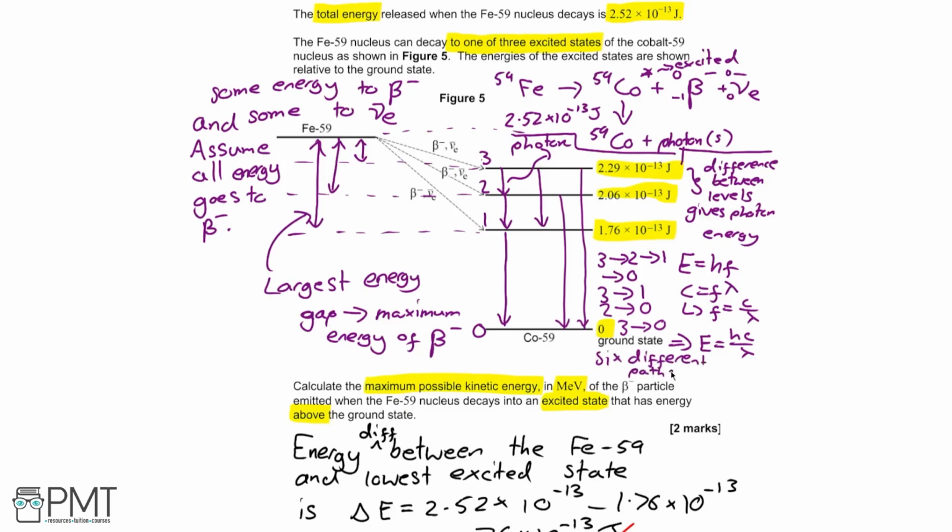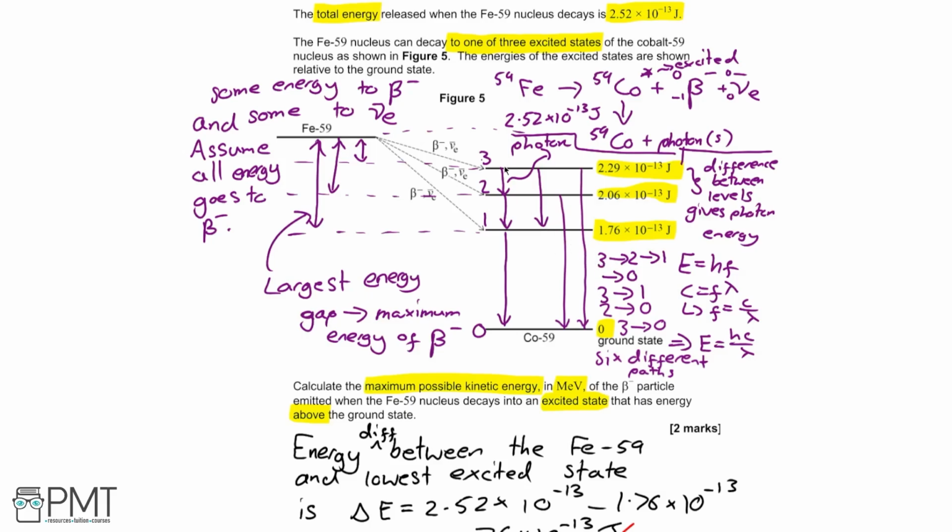If we decayed from the iron nucleus straight to level 2 or level 1, then we would still get the same kind of photons. For example, we would get 2 to 1 and then 1 to 0, or we could get 2 to 0, but we wouldn't get quite so many. But this doesn't include all possibilities.